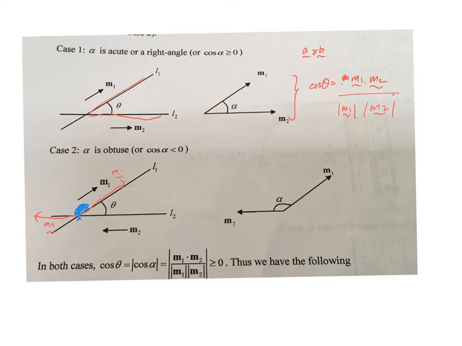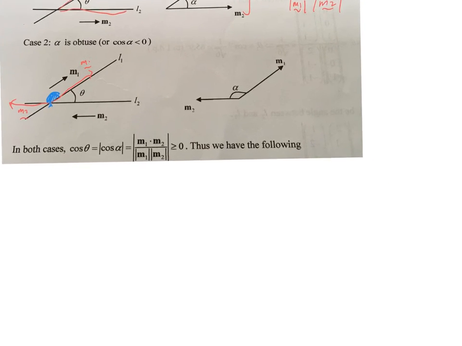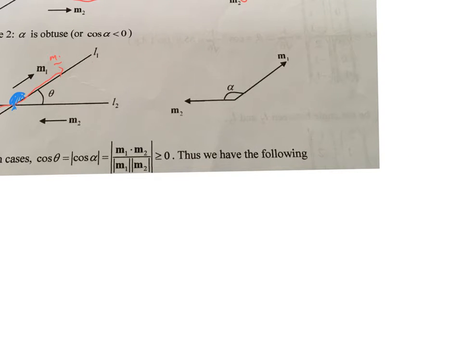What we do is take the modulus. We need to put in a modulus sign. Having the modulus ensures that our cosine theta is always positive. Remember the ASTC: this ensures that theta is in the first quadrant.